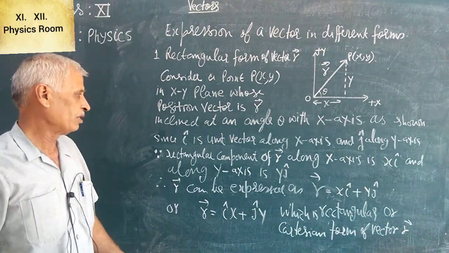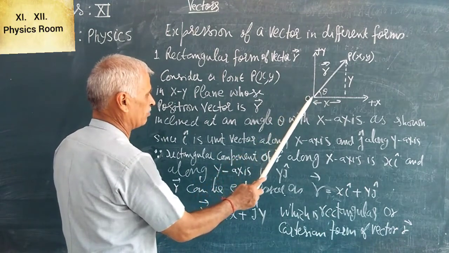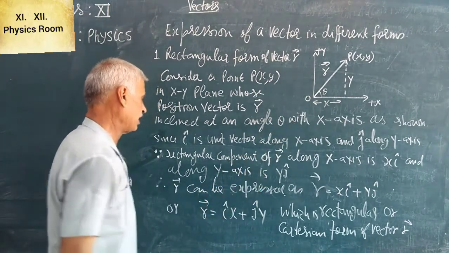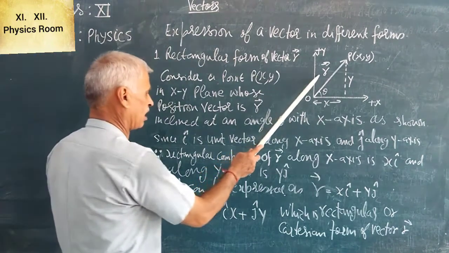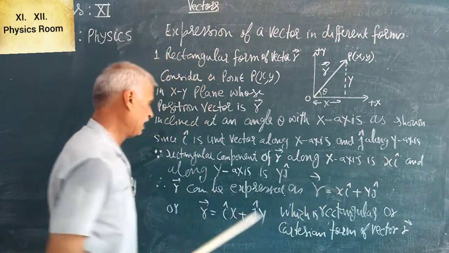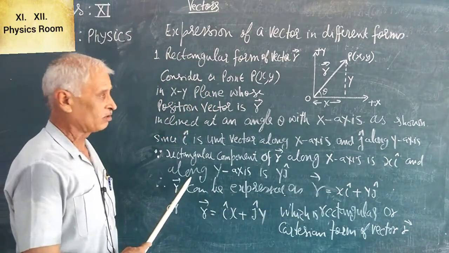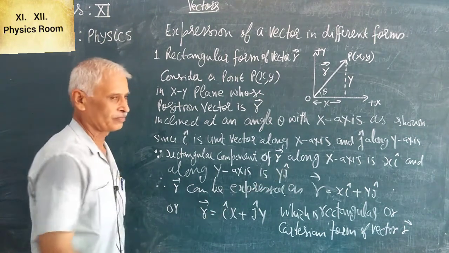Since i cap is the unit vector along the x-axis and j cap is the unit vector along the y-axis, the rectangular component of vector r along the x-axis is x i cap and along the y-axis is y j cap.